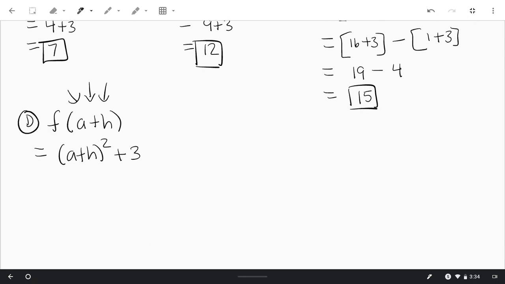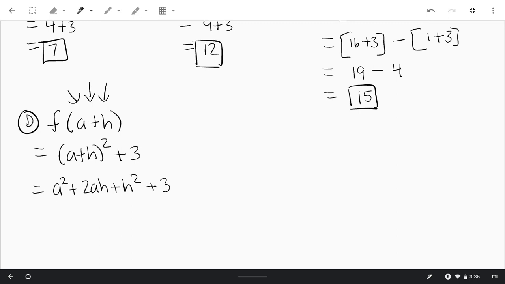And hopefully you know how to multiply this binomial out quickly using the shortcut. So if you don't know how to do that, you're going to have to go off to the side and work that out, FOIL that all out. Okay. But you should be able to do this in your head and get a squared plus 2ah plus h squared. Okay. And then bring down that plus 3 as well.